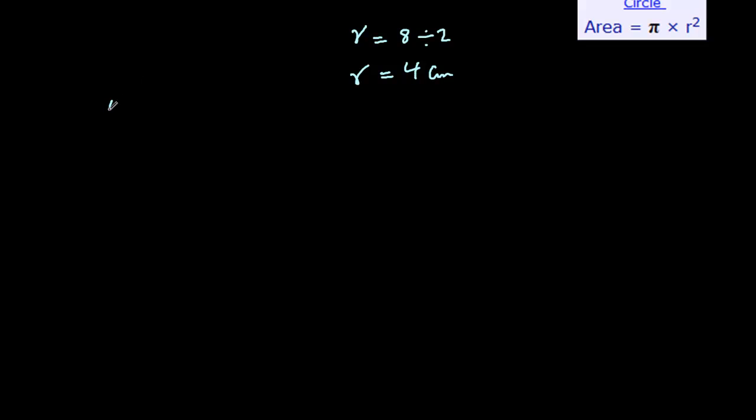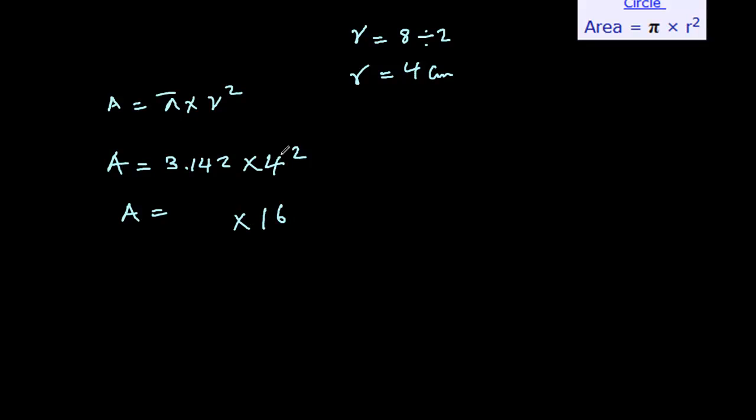I should write down the area formula, which is pi times radius squared, and I must sub the values in, so 3.142 times the square of 4. We should always work out indices, or powers, first. 4 squared is 16.